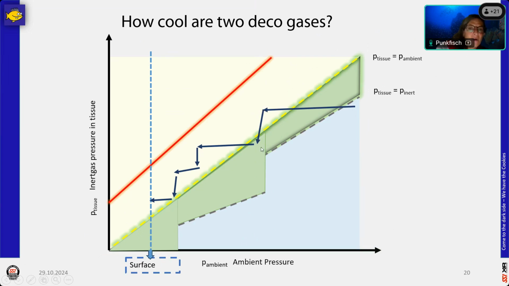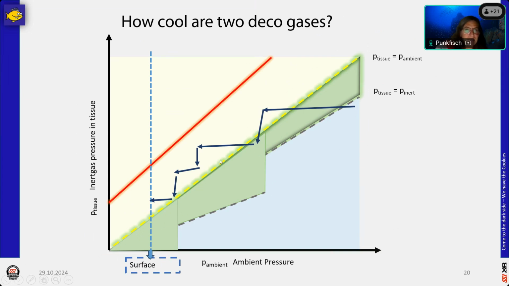So then we ascend a little bit more, desaturate, you know this line already, and then we can do the same thing when we change again at 6 meters to oxygen, and we can desaturate really efficiently. And that makes it possible to get out of the water with a way lower supersaturation.